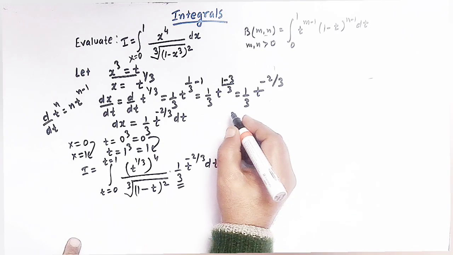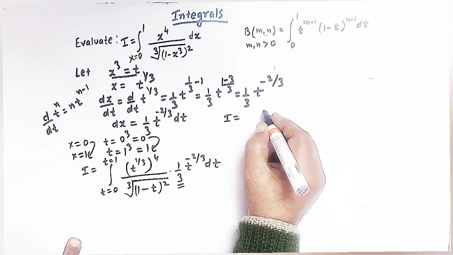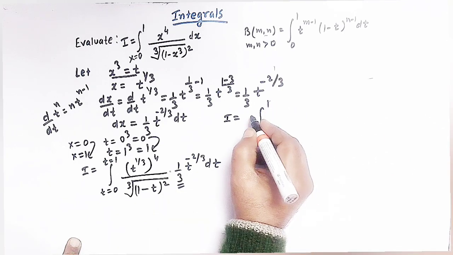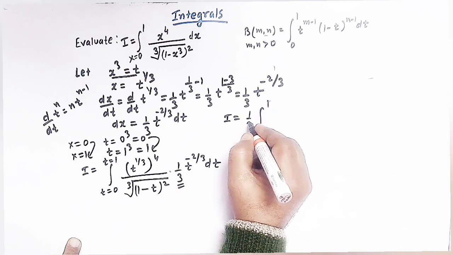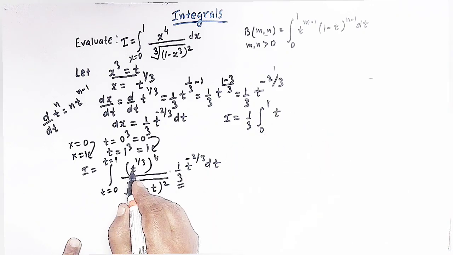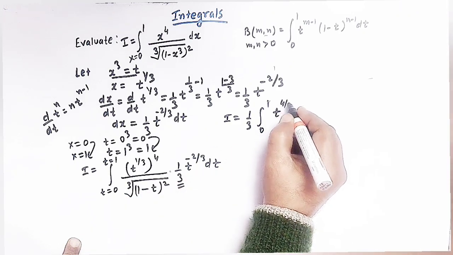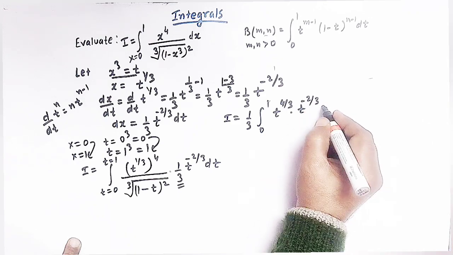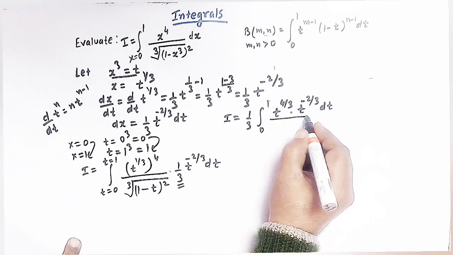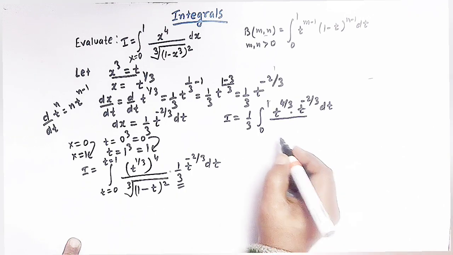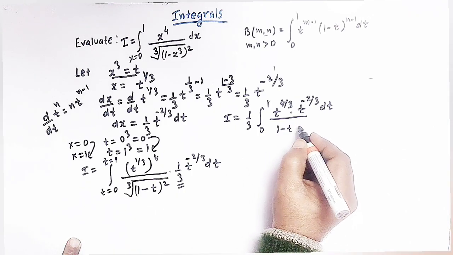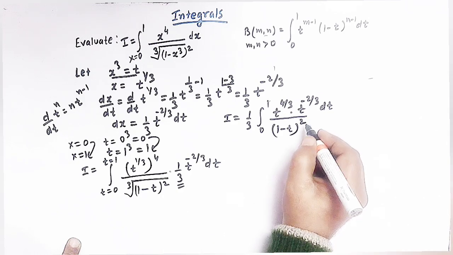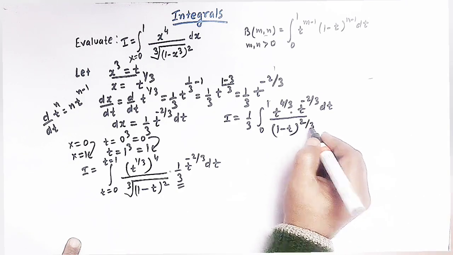So now we can write this integral I as 0 to 1, and here we can take this term 1 over 3 outside the integral. Then we have t raised to 4 over 3, and t raised to minus 2 over 3 dt, and in the denominator we can write (1 minus t) squared, and here we have the cube root, so here we can write 2 over 3.